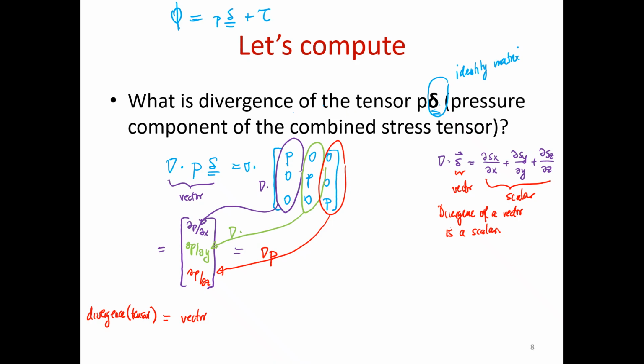So that is my combined momentum tensor. This is a tensor and this is a tensor, so all of these are tensors. When I'm wondering what is the divergence of this, I was actually just wondering what is the first component of this.